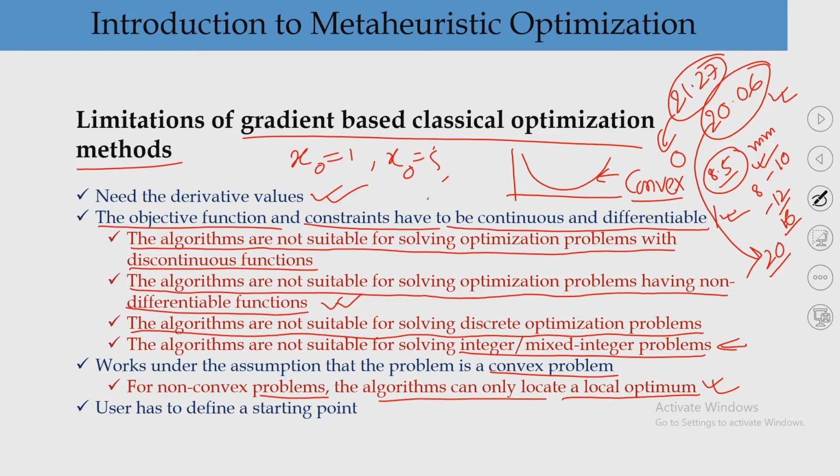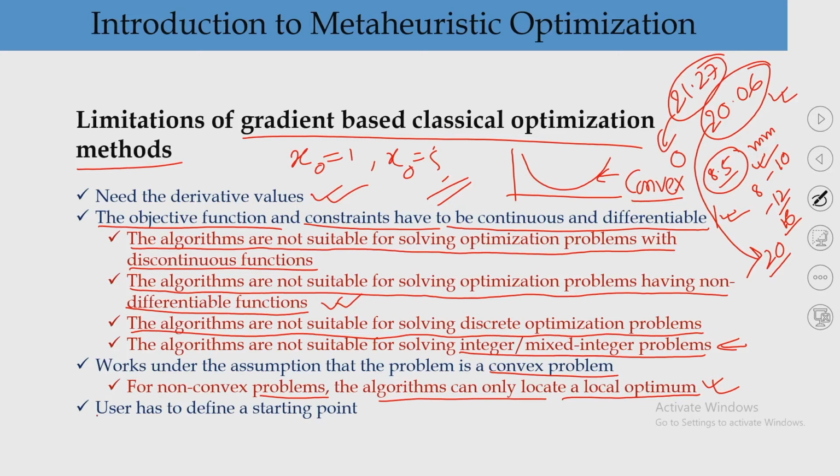For different x naught, you can try and see whether you are getting a better optimal solution. So you can apply on a non-convex problem, but you will get a local optimal solution.